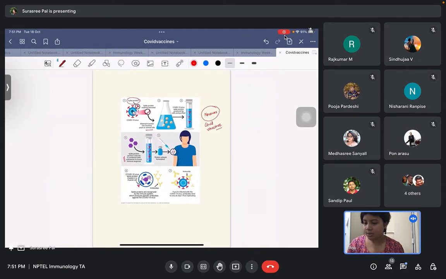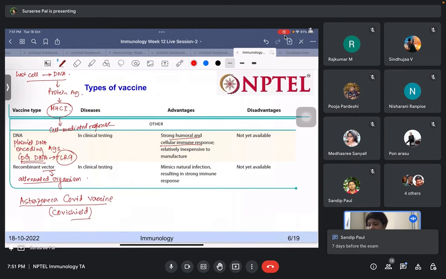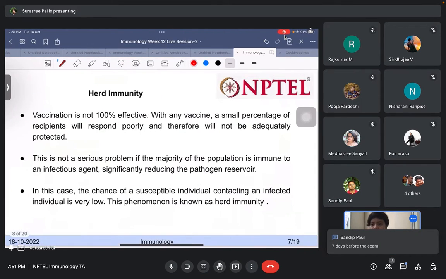Alright, so these were about the different types of vaccines that we discussed. And one important concept that I want to give you here is herd immunity, something which became a very commonly known term after this pandemic.